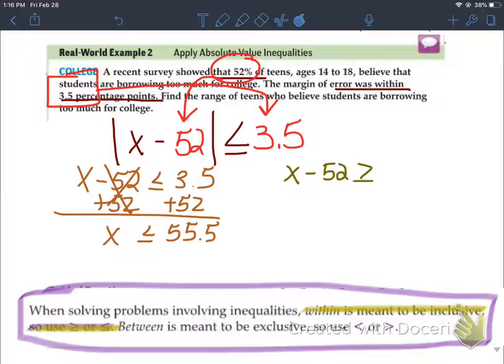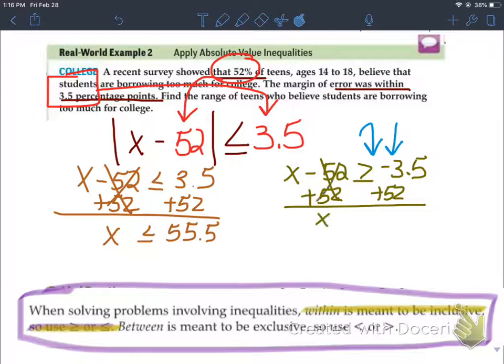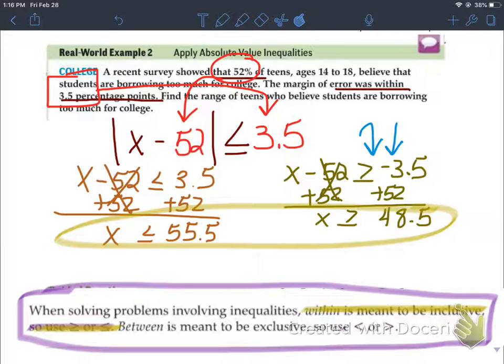Since we are making the answer a negative 3.5, we need to flip our sign again. So flip our sign because we made it negative. And then we continue to solve it like normal. So that x will be greater than or equal to 48.5, and that is all you need to do for that problem. Try the next word problem on your own, and we'll go over it on Monday.